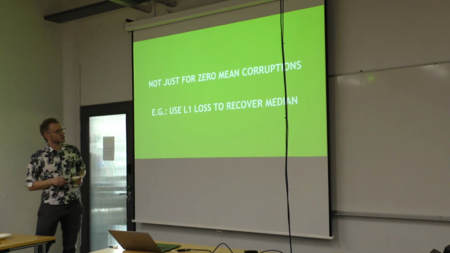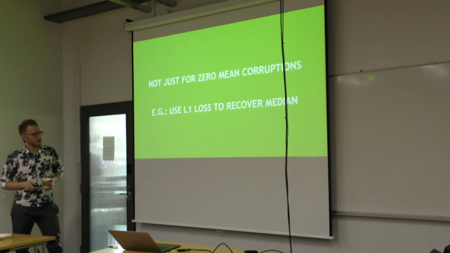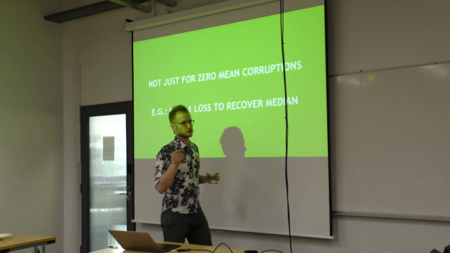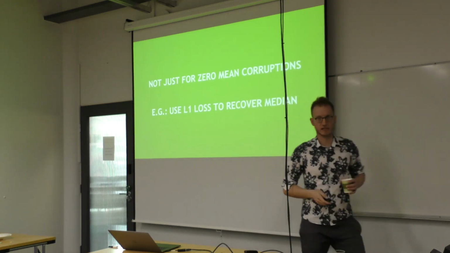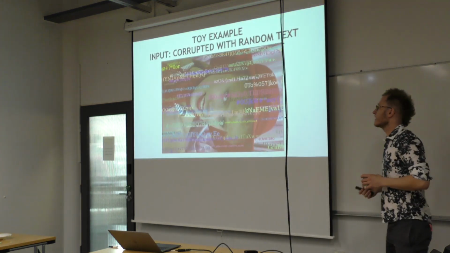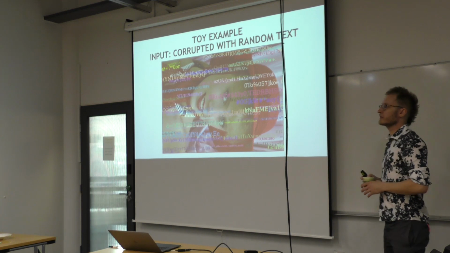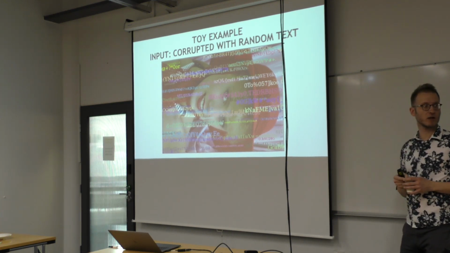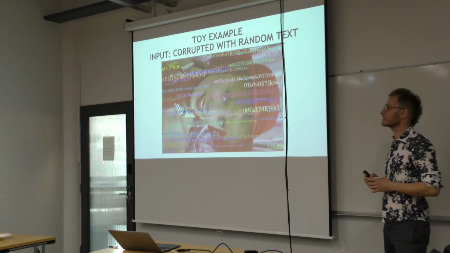I mentioned it's not just for zero mean corruptions. To recover the mean, you optimize the L2 loss. I mean, that's basic statistics. Basic statistics also says that if you want to recover the median, the component-wise median, you optimize for the L1 loss, or mean absolute difference.